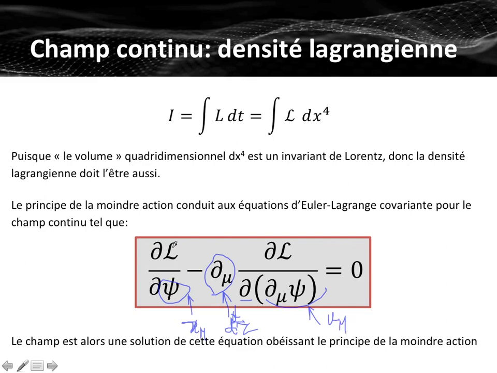And obviously the density here instead of L. This is the covariant form of the Euler-Lagrange equations for fields, and this is a relativistic expression. Now, if the fields are quantum mechanical, then we are doing quantum mechanical relativity, or relativistic quantum mechanics.